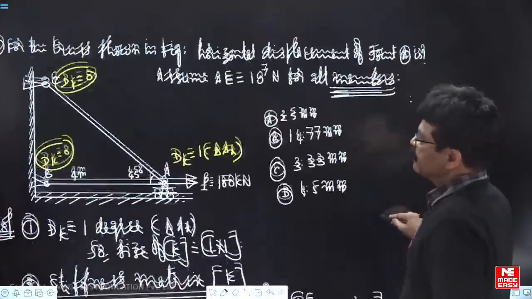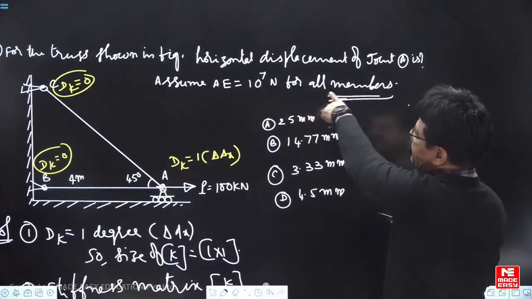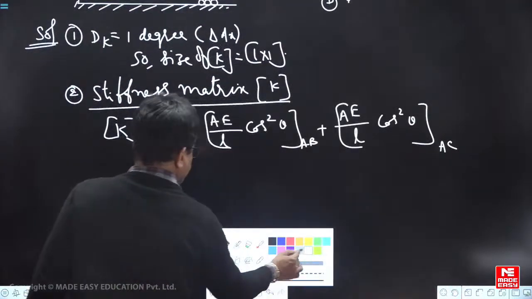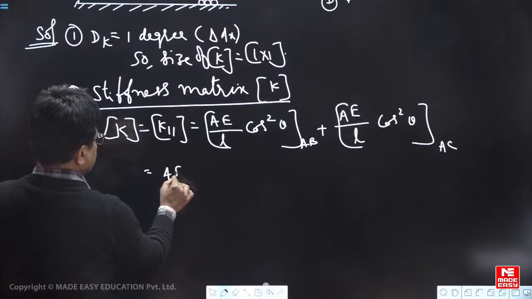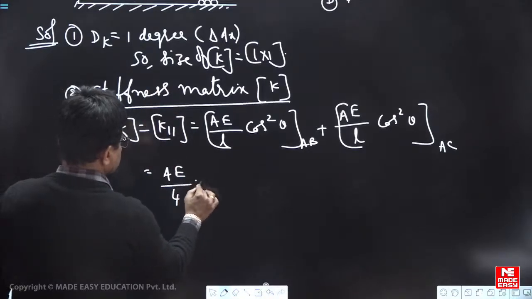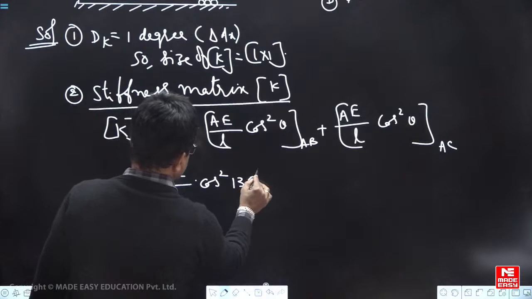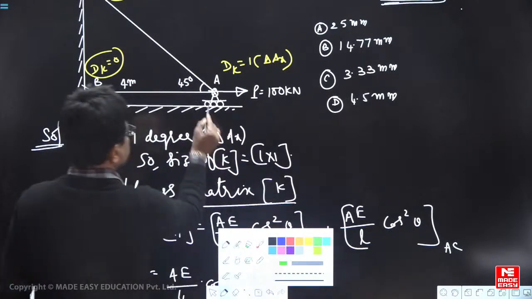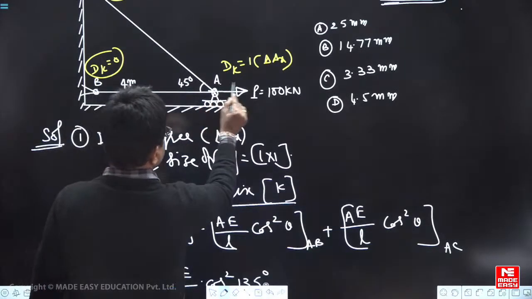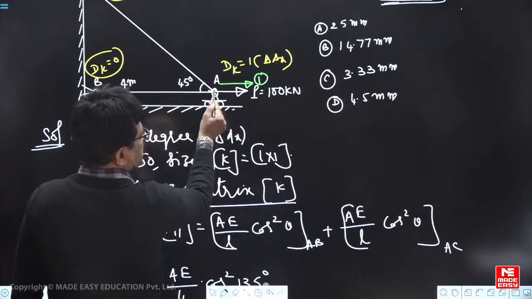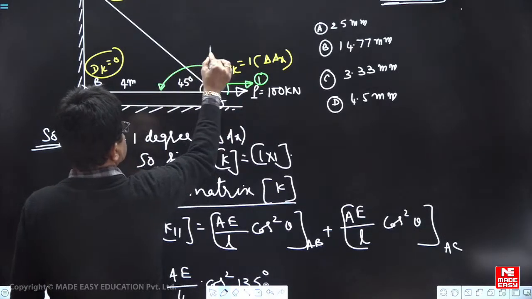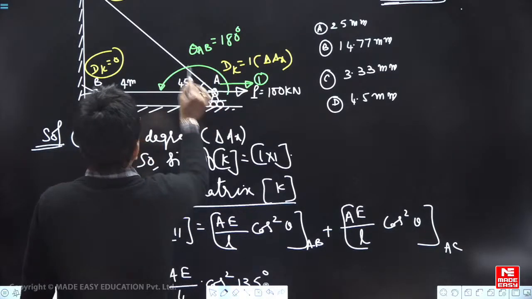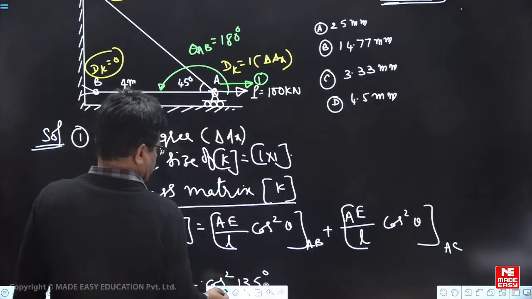In this case, AE is constant, 10 to the power of 7 Newton for all members, but length is different. So AE by L, first we will write it in terms of that. AE by length, 4 meters, cos square 135 degrees. See here theta you have to measure in the anti-clockwise direction only. This is your coordinate one because delta AX only is possible. This is theta AB, 180 degrees. Theta AC, that means the other one.